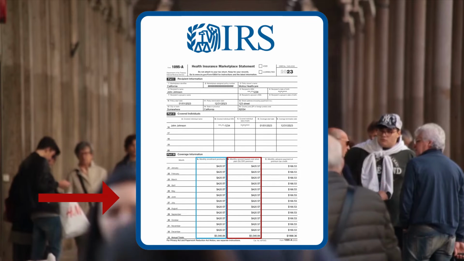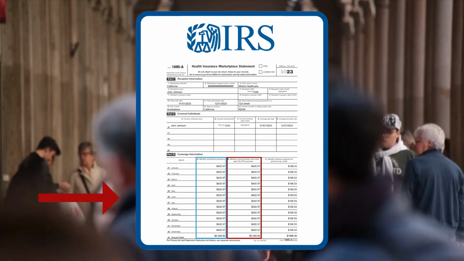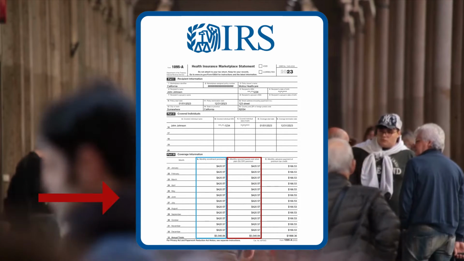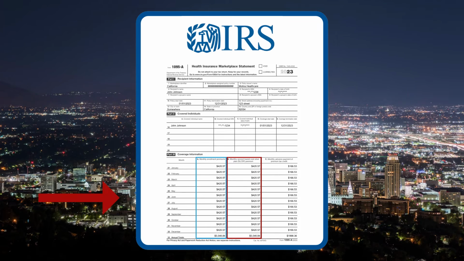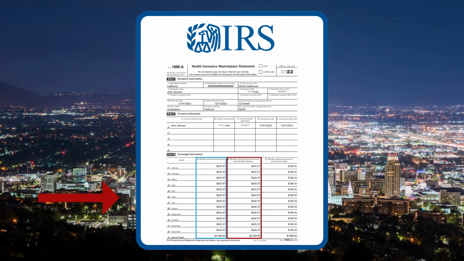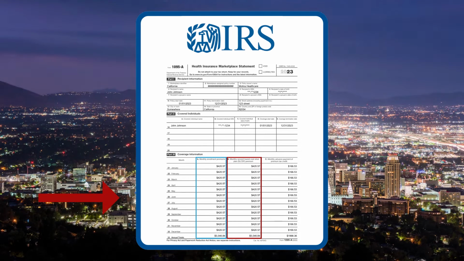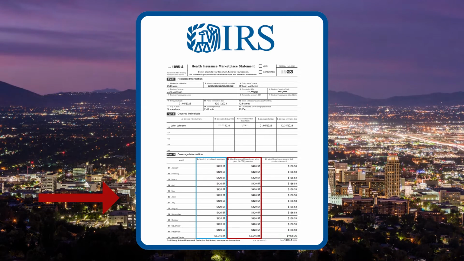I don't know if anyone calls it that, but it is important because it is the anchor plan for the exchanges. Even if you choose a gold plan or a platinum plan or a bronze plan, whichever level plan you choose, that second lowest cost silver plan is always going to be exactly the same in that column B, showing how much the cost was for it.